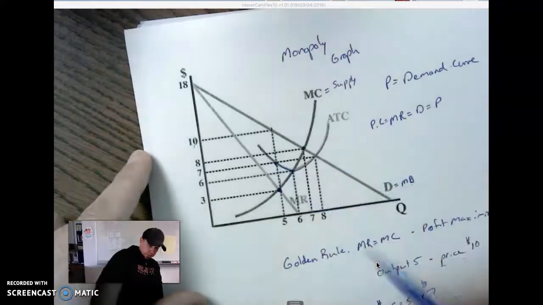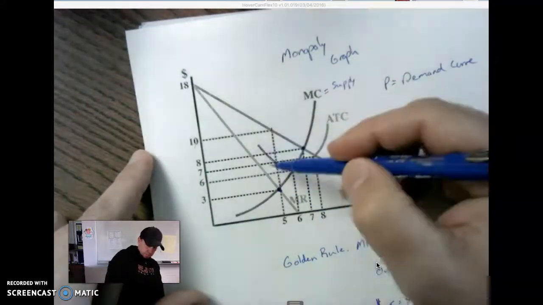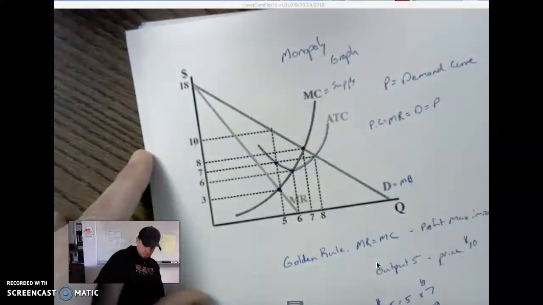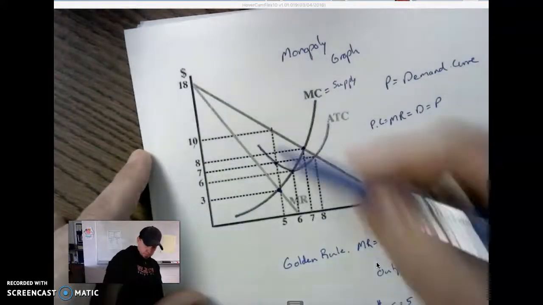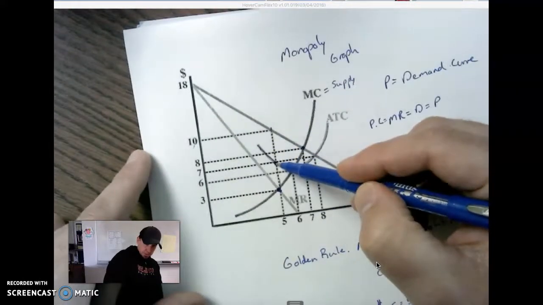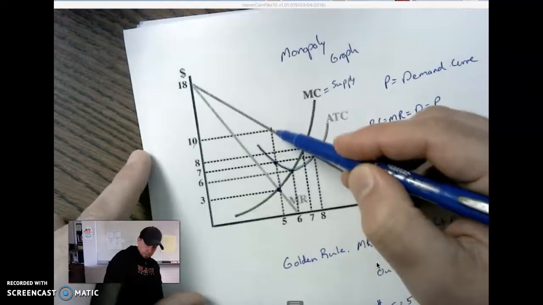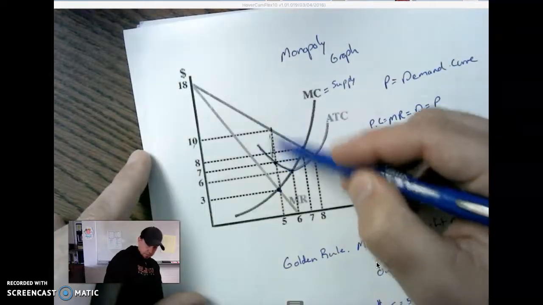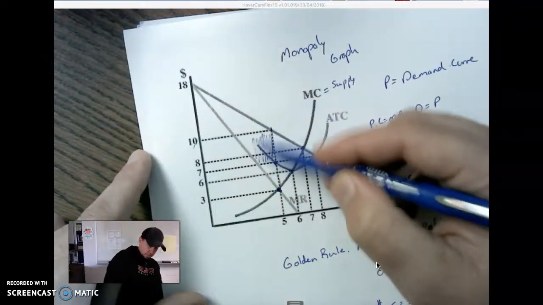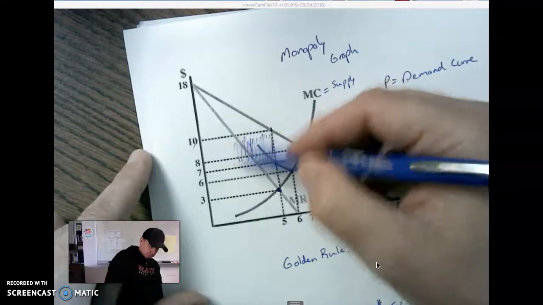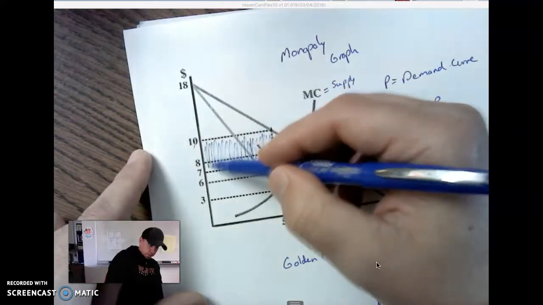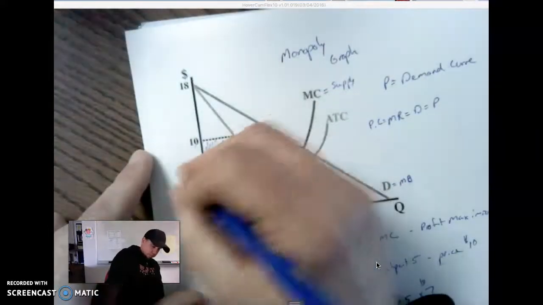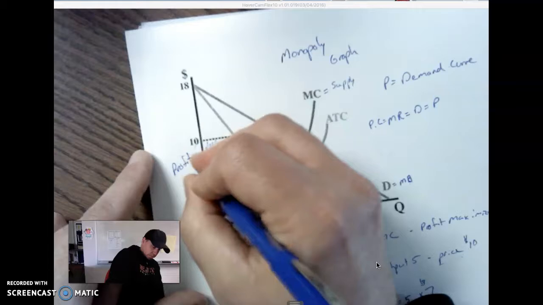We are earning a profit of $3 per unit. So here's our average total cost, 7, and we go up and we're charging 10. All this area right in here is what we would say is our profit.